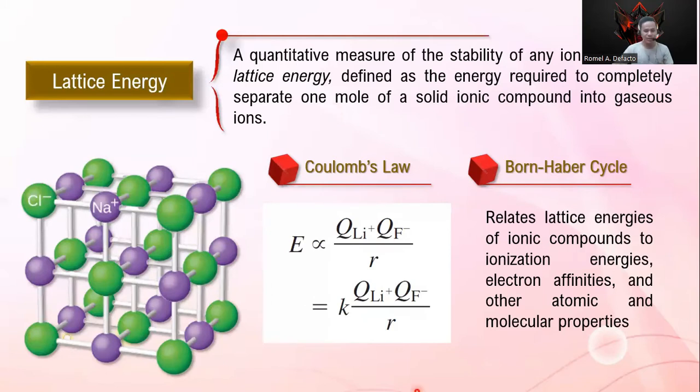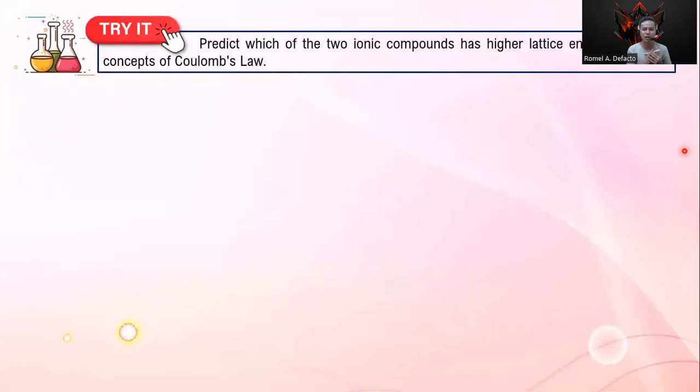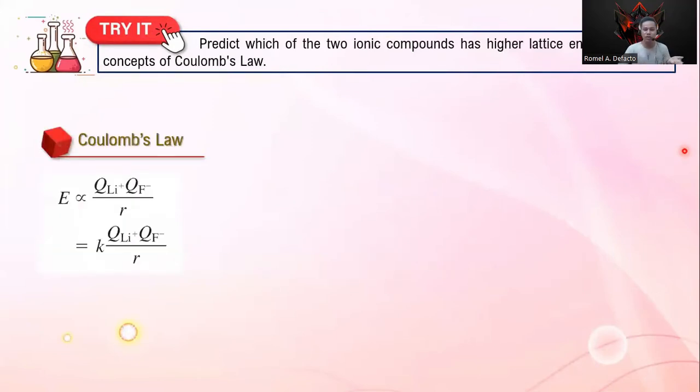Okay. So let's apply muna the Coulomb's law. Okay? So I have here, predict which of the two ionic compounds has higher lattice energy using the concepts of the Coulomb's law muna. So remember, this is how Coulomb's law works.